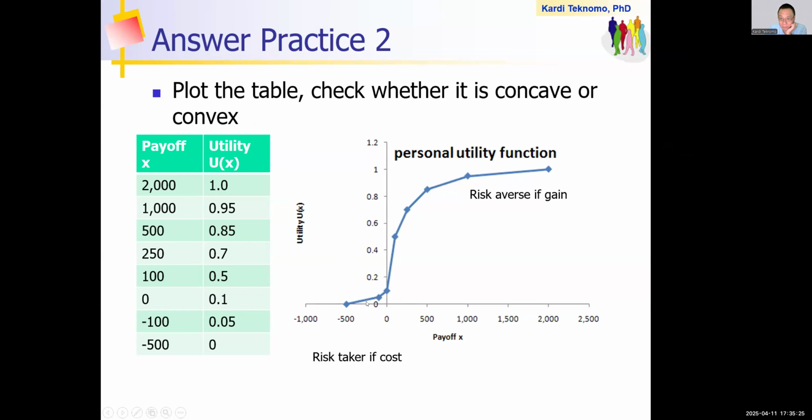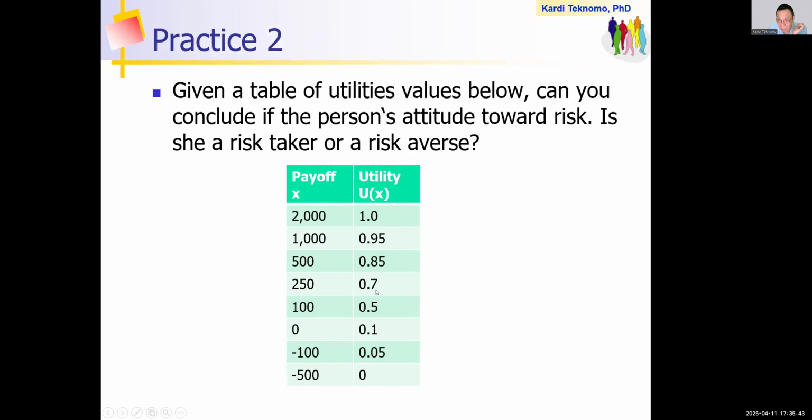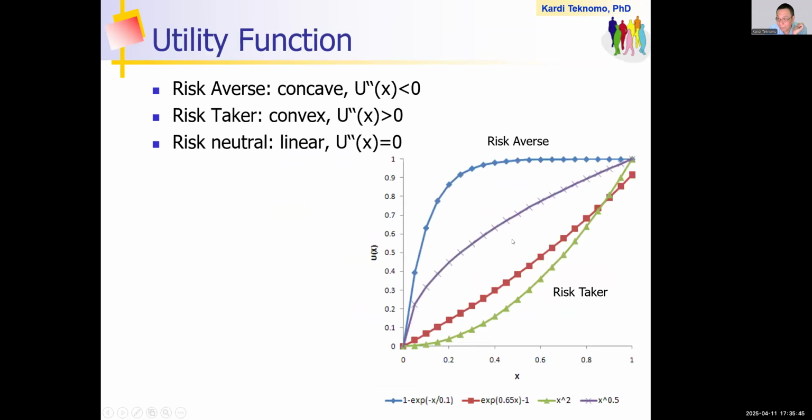If you look at this, when it is negative, suddenly this person becomes a risk taker. Can you see the curve? The curve here is the same as this one. So this is the curve of a risk taker. Risk taker curve is convex.